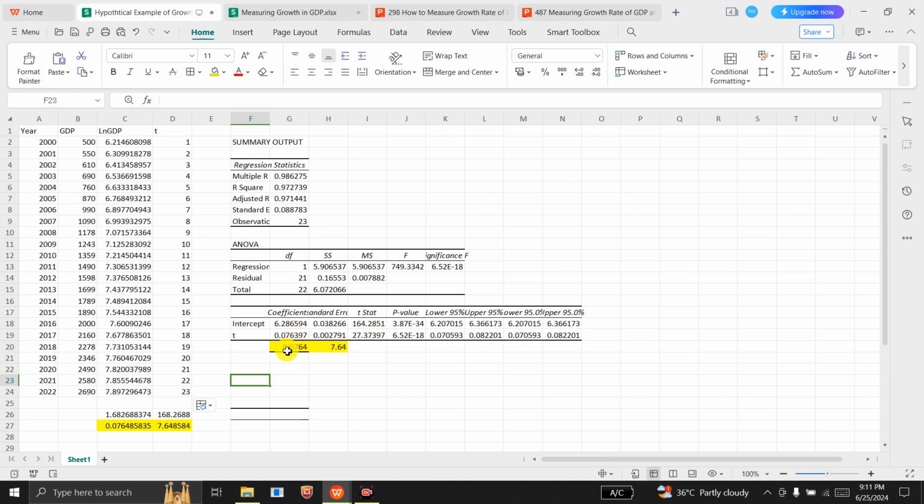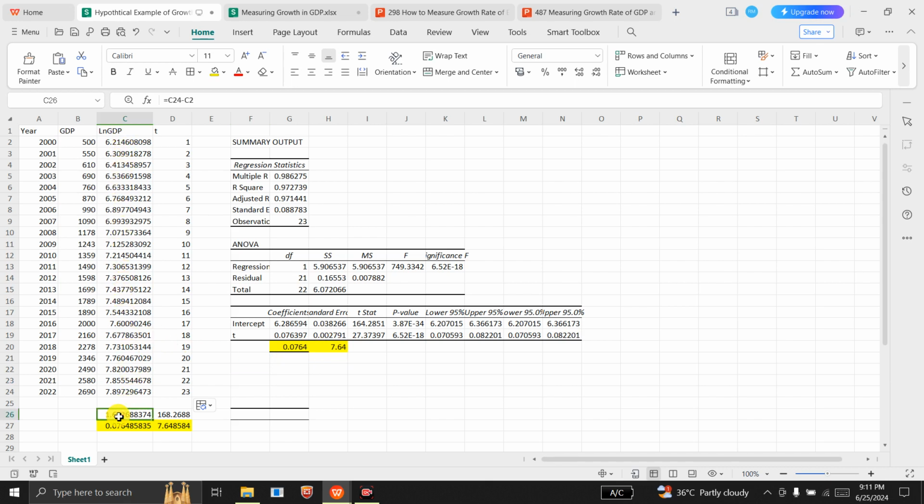If I round this, it becomes 0.0764, and if I multiply this by 100, it means that the average growth rate from year 2000 to 2022 is 7 points. The GDP has grown by an annual growth rate of 7.64%. I can calculate the same value by taking the log difference.